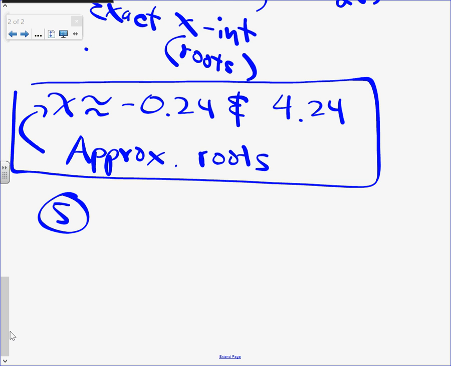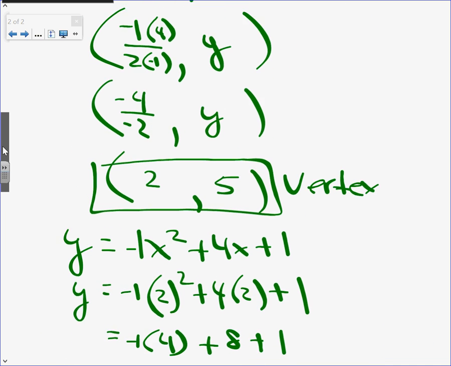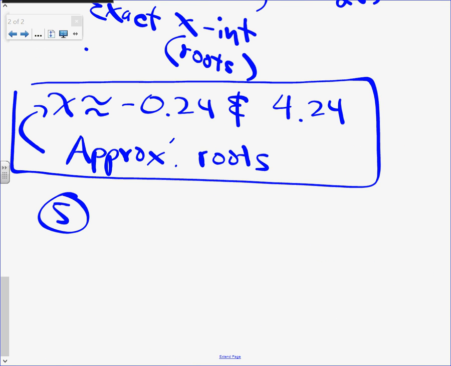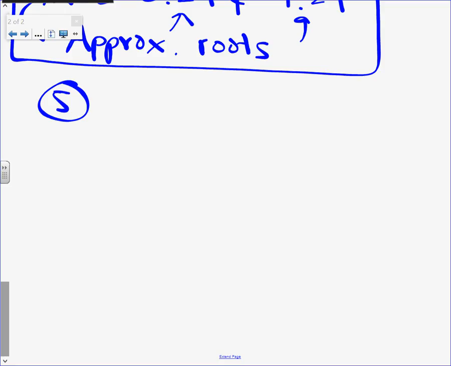Okay, so we're going to plot on our graph paper now. I'm going to plot the vertex, this, and then I'm going to plot the 2 x-intercepts right here and here. I'm going to come around and give you a piece of graph paper. You're going to plot it with me.